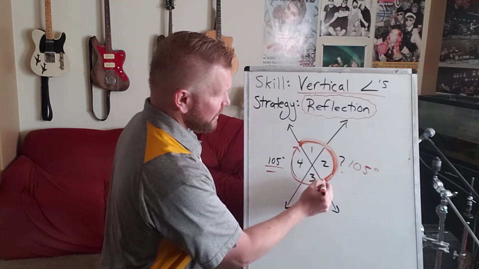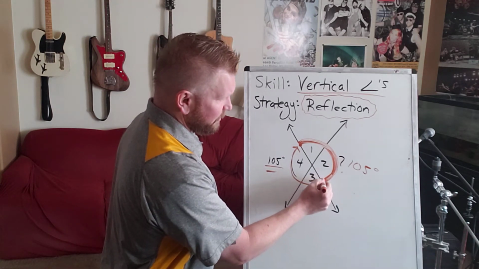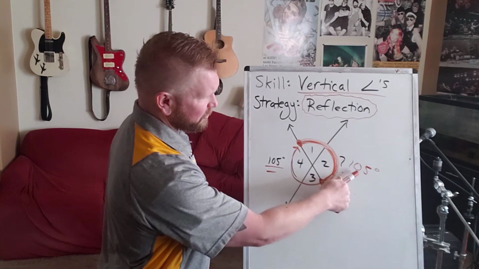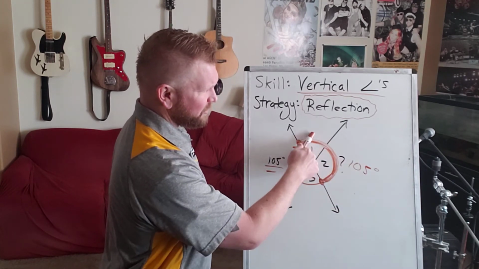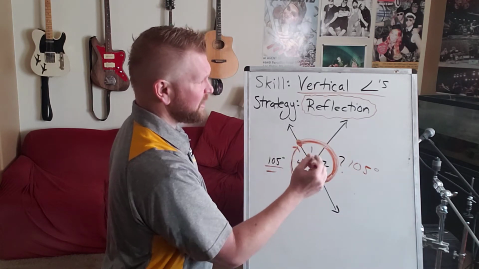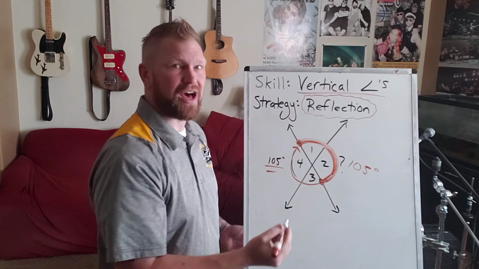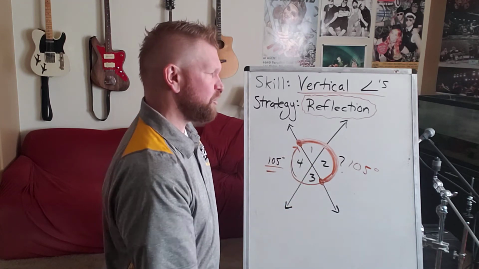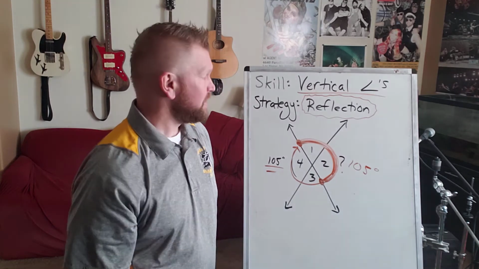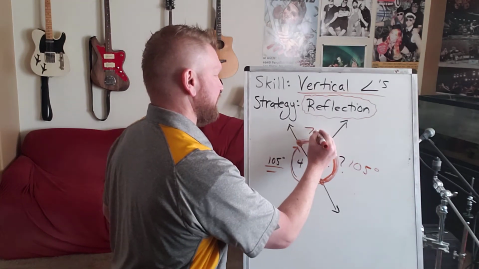So if it's 180 degrees to get from here to there, and we know that this is 105, then this has got to be the other number that's left. 105 plus this equals 180, because a half circle is 180. So what number would you add to 105 to make it add up to 180? The answer there would be 75.